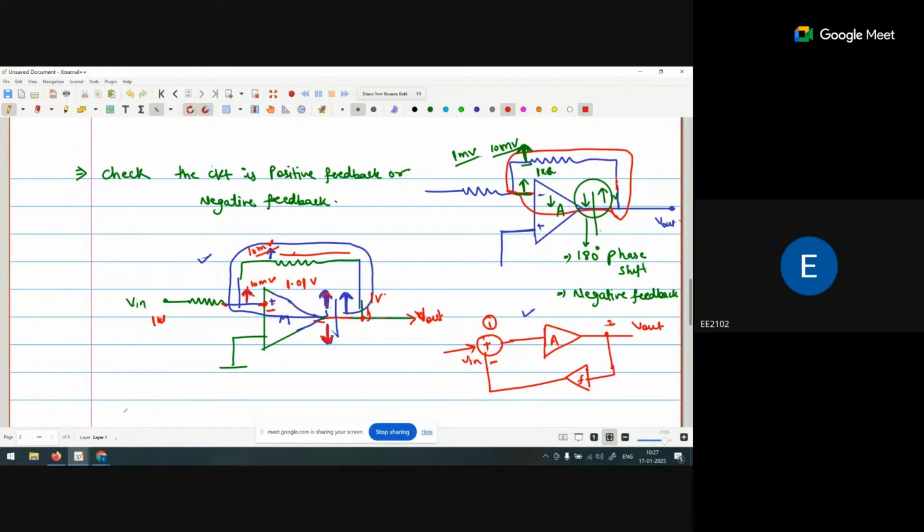Now if it is positive, it becomes a positive direction. If I multiply with a negative, it is minus 1.01 volt. So I apply a plus 1 volt, I increase the signal by 1 volt, but I am getting minus 1.01 volt. If A is 1, I am getting minus 1.01. If A is 2, I am getting minus 2.02 volt.